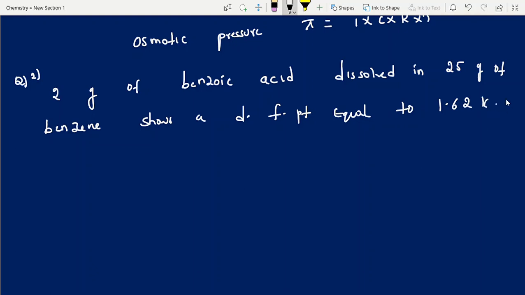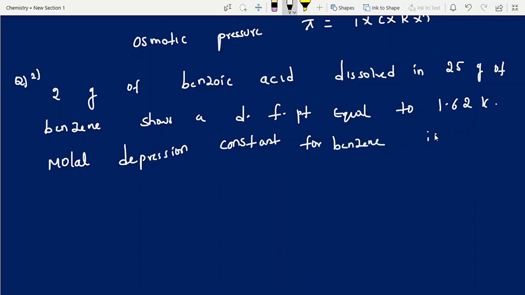The molar depression constant for benzene is 4.9 Kelvin gram per mole.